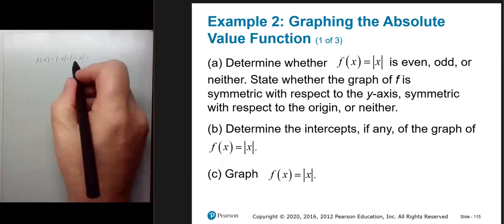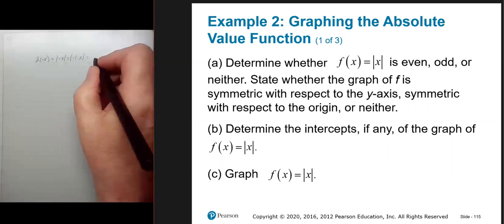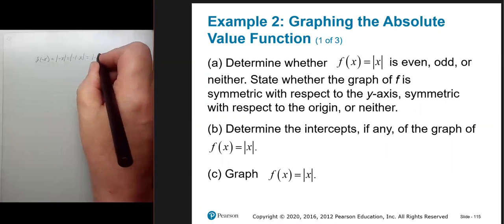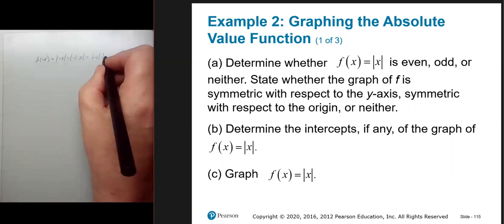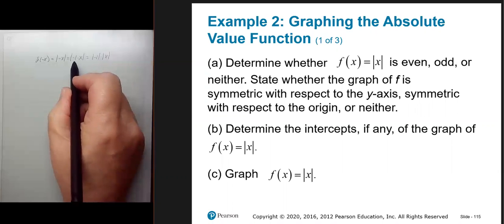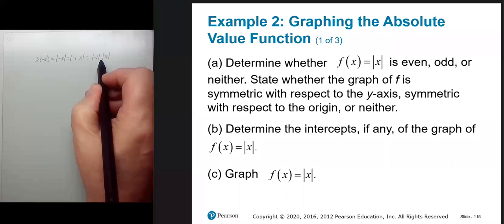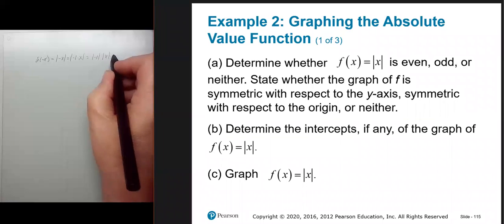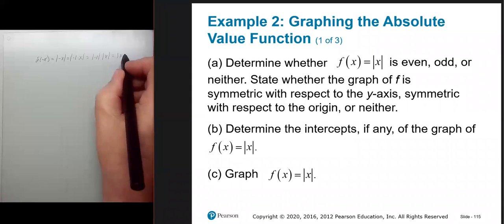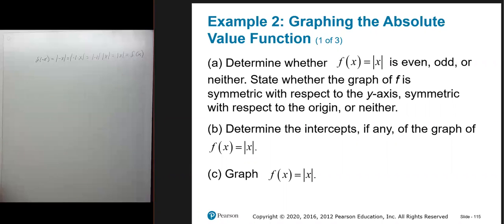And so when you have taking the absolute value of a product, then you can take the absolute value of each of the factors and multiply them. So the absolute value of -1 times x is the same as the absolute value of -1 times the absolute value of x. So that just gives me the absolute value of x, which is f of x. So I just came full circle. I came back to f of x up here.